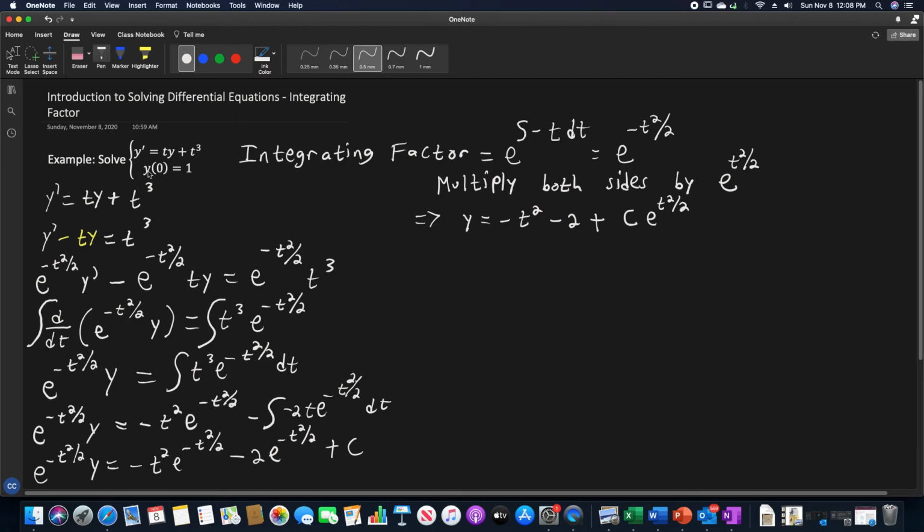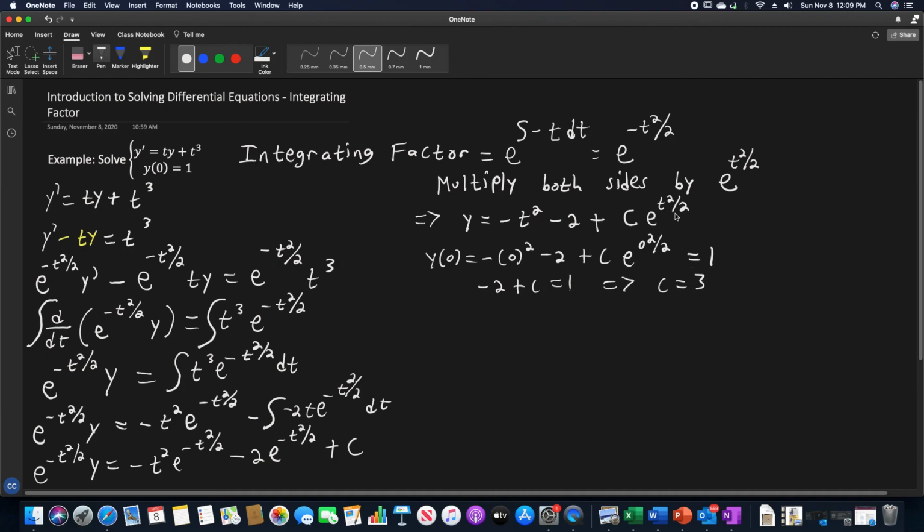Since we have our initial condition here, y of 0 is going to be equal to negative 0 squared minus 2 plus c times e to the 0 squared over 2 power. This is supposed to be equal to 1. So we have a 0 here, which makes e to the 0 equal to 1. This just makes negative 2 plus c is equal to 1, which means then that c is going to be equal to 3.